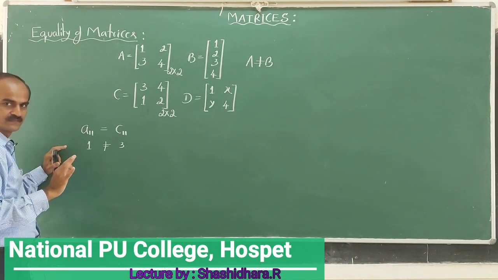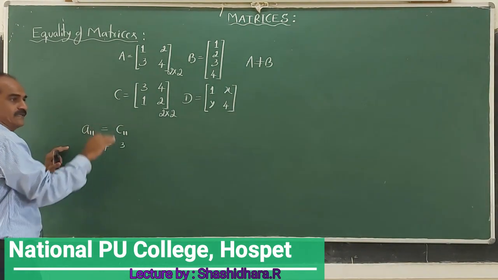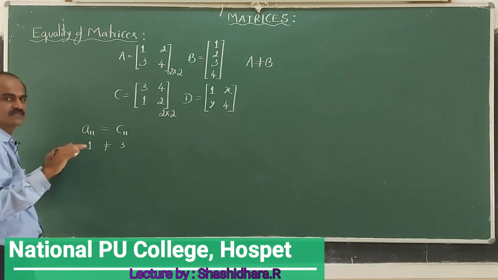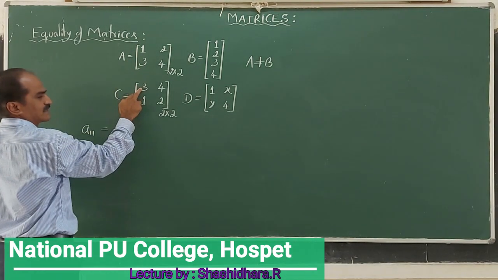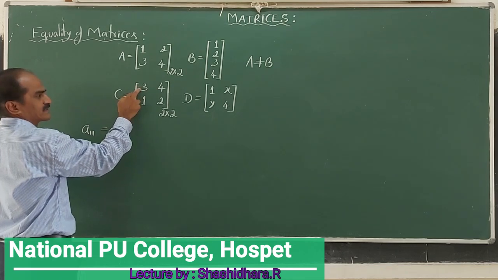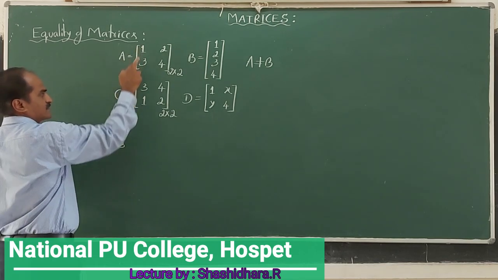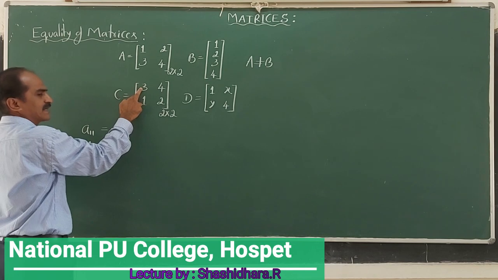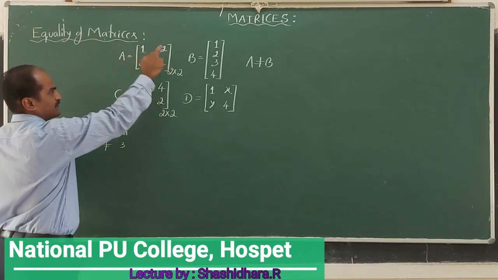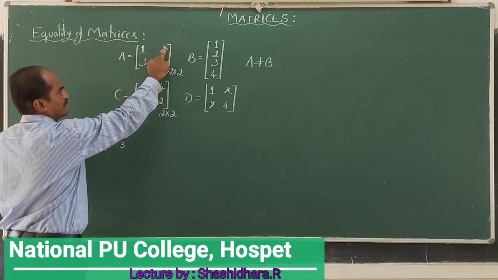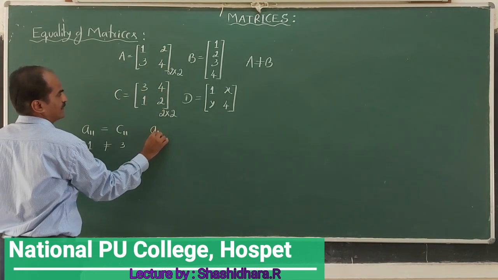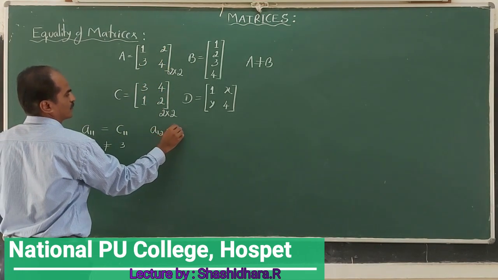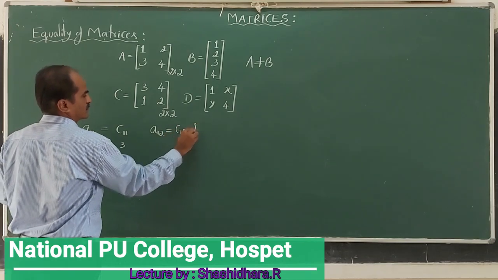Is it clear? So like this, we need to check all the corresponding elements, not any one. So I have to check, is A11 equal to C11? Suppose this element is also 1. If this is 1, this is 1, don't conclude that matrix A is same as C. You check with other elements also. Is the second element same as this? That is, A12 is equal to C12 or not.